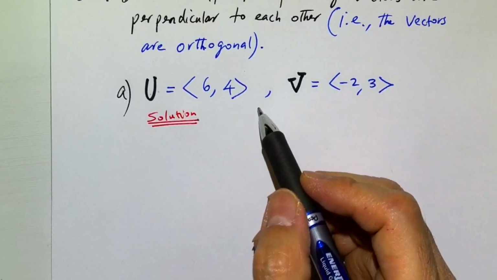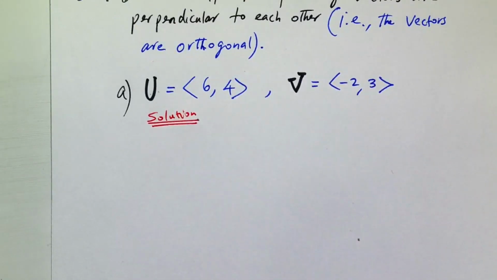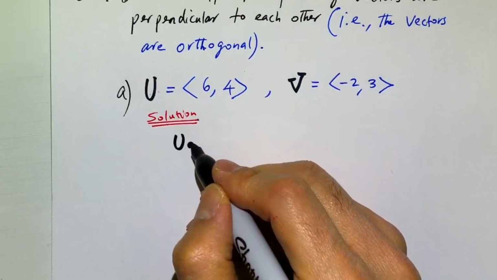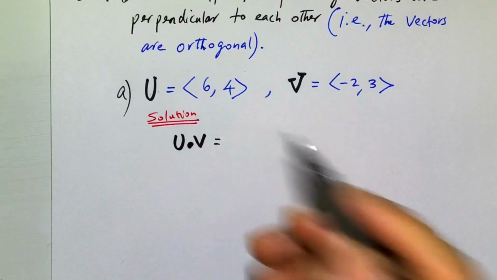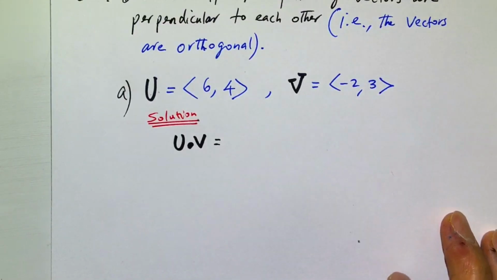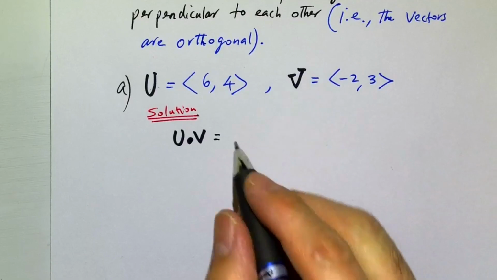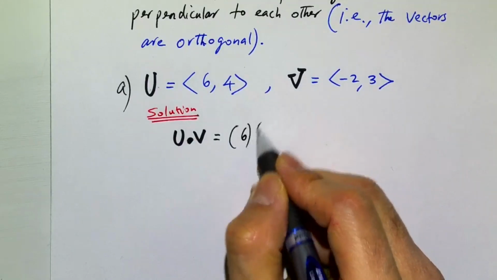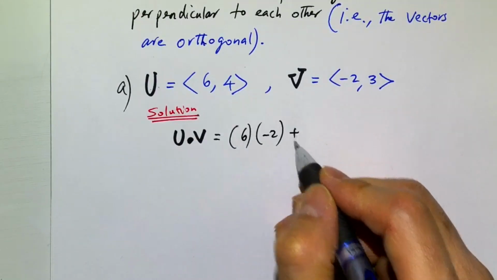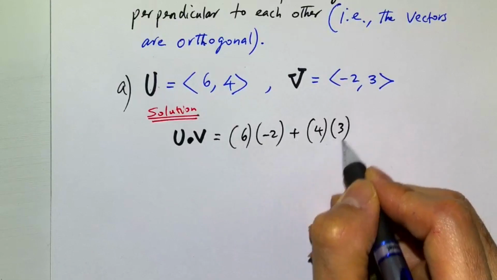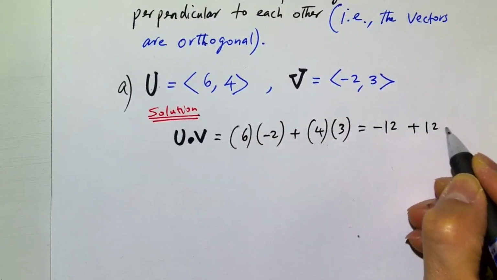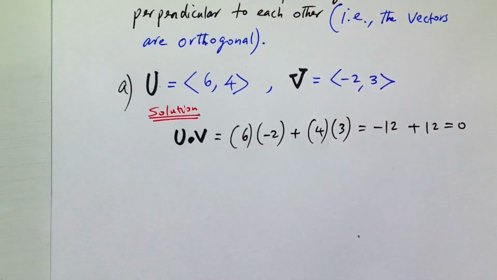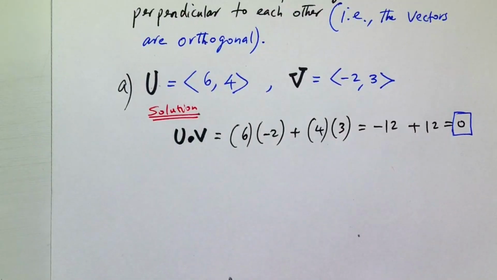So we take the dot product, and this would be a good time for you to pause the video and then come back once you have your own solution. So we have 6 times -2 plus 4 times 3, and we have -12 plus 12, which is 0. So definitely these two vectors are perpendicular to each other.